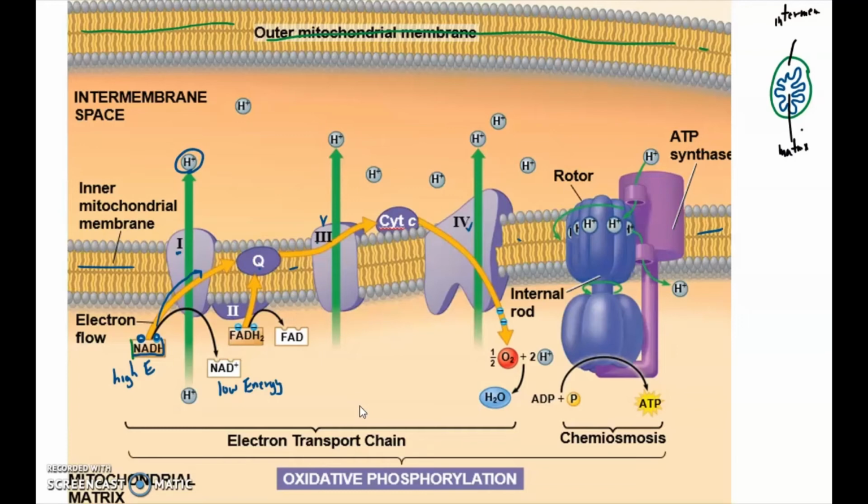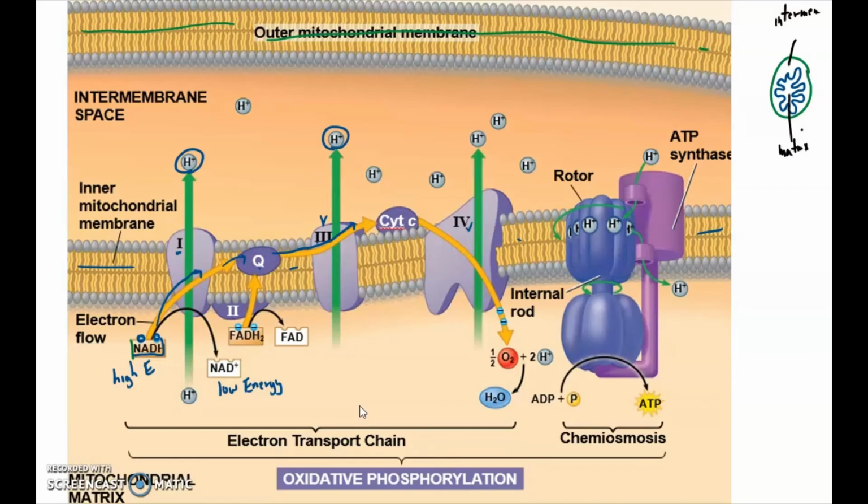But we're not done. Protein complex 1 will transfer the electrons to this Q, which will then transfer the electrons to protein complex 2. And another hydrogen ion is pumped into the intermembrane space. But we're still not done.